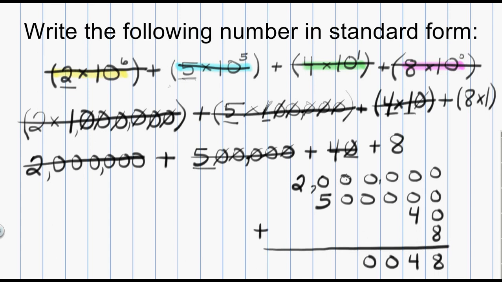Same thing on the next column. 0 plus 0 gives me 0. 0 plus 5 is 5. And then bring this 2 on down. I put my commas in, and I can see that this number converted from expanded form to standard form is 2,500,048.